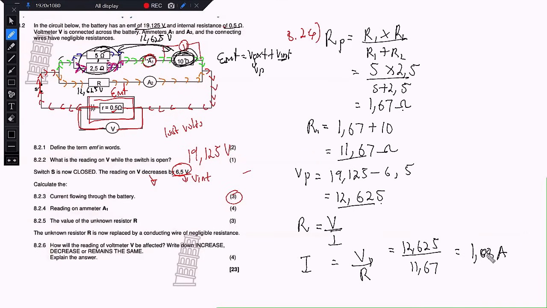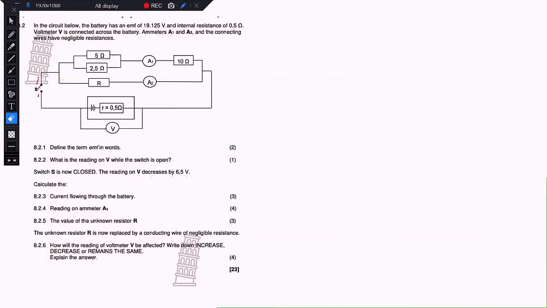Okay, then 8.2.5 now is asking for the value of the unknown resistor R. We must now calculate the value of the unknown resistor. Now, to calculate that, it's pretty simple. Now that we have got that, we can use the formula for 8.2.5. Use the formula E is equal to I, and then R external plus R internal.